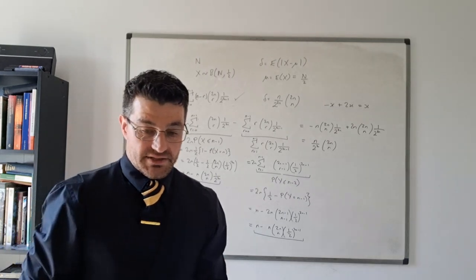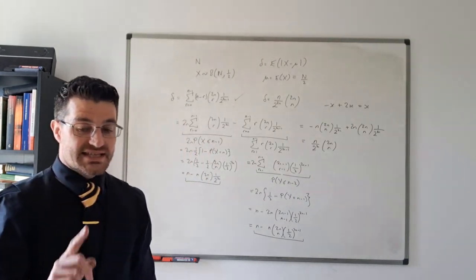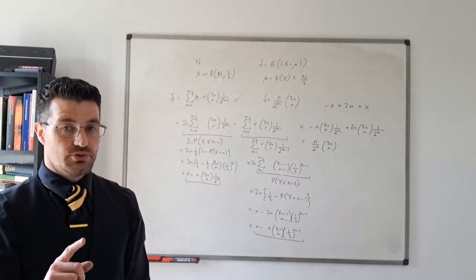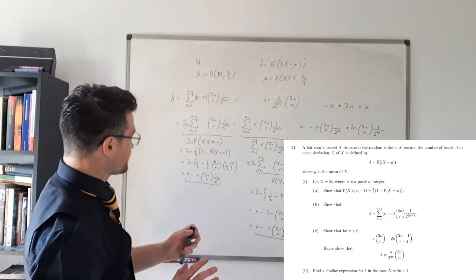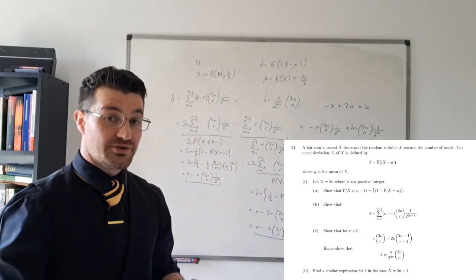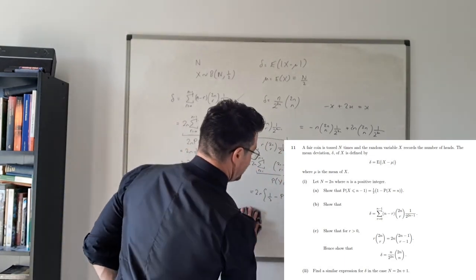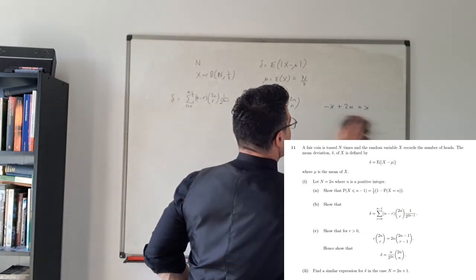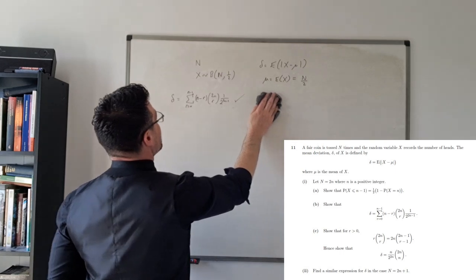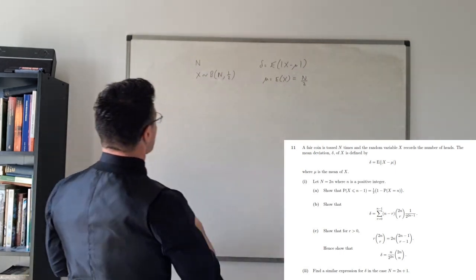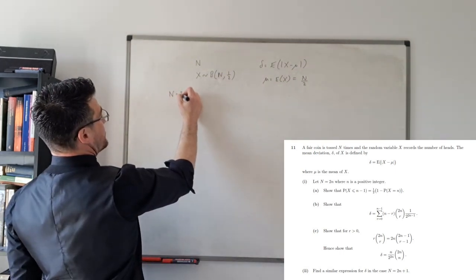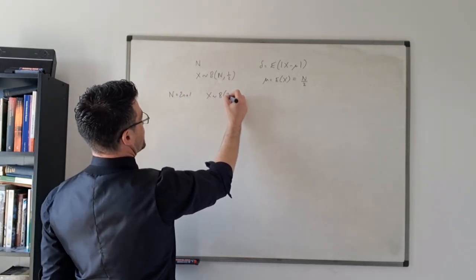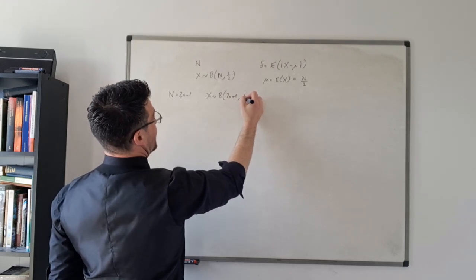The last part of this is: find a similar expression for delta in the case when uppercase N equals 2 times lowercase n plus 1. Okay, so have you had enough yet? Now we've got N equal to 2n plus 1, so X is distributed binomially with parameters 2n plus 1 and a half.